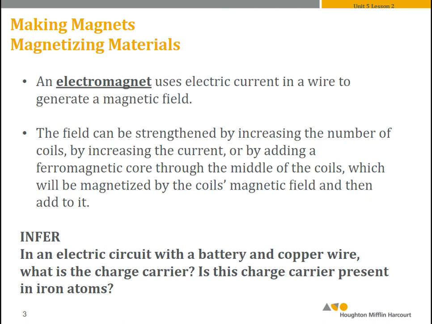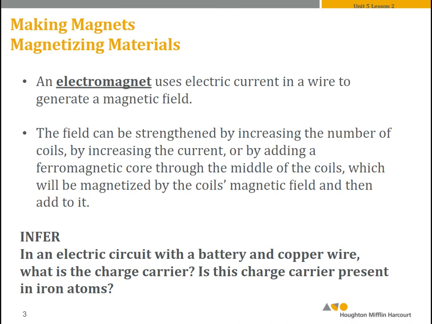So if you have an electric circuit with a battery and a copper wire, just a regular old electric circuit, with a wire running from the positive to the negative terminal, what is the charge carrier? Well, the charge carrier is the electrons in the copper wire. Electrons are present not only in copper atoms, but also in iron atoms.